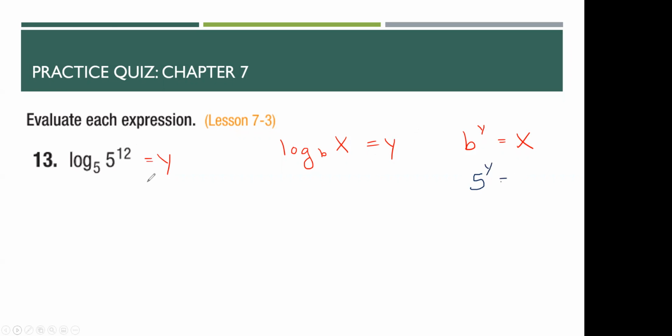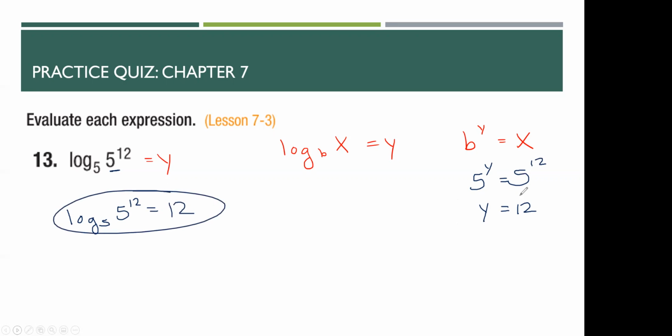And then x is 5 to the power of 12. Now my bases are the same, so I can put the exponents equal to each other, so y is equal to 12. So log base 5 of 5 to the power of 12 is equal to 12. Okay, all right, and let's look at another problem like this.